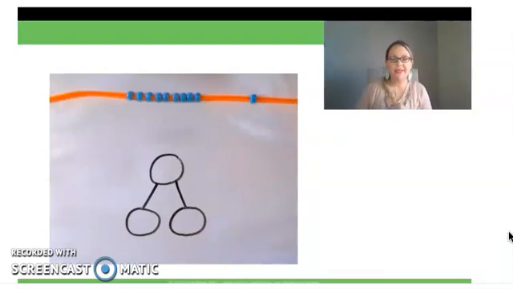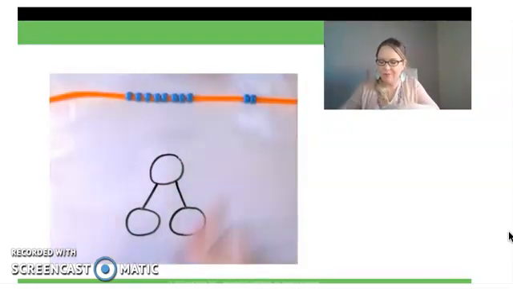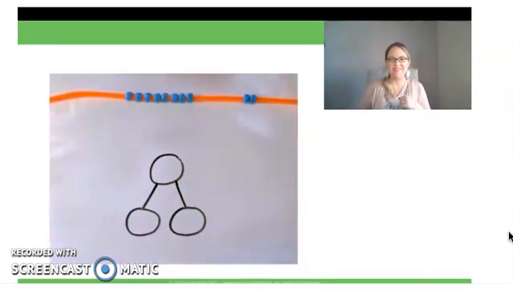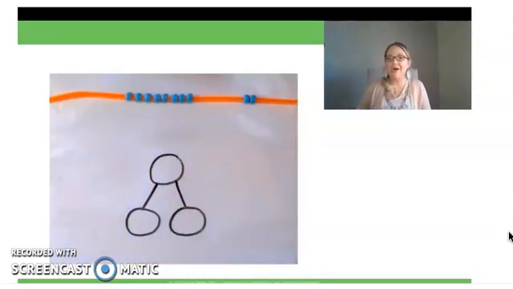Now using your linking cubes, slide one more cube over. This time, what do you notice about your cubes or my beads? Yes, this time we have 8 and 2. Go ahead now and fill in your number bond with the parts that we have.